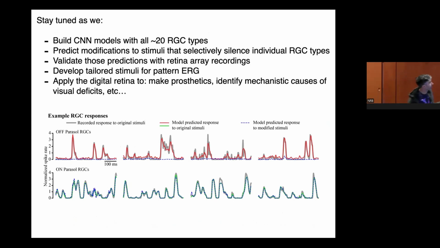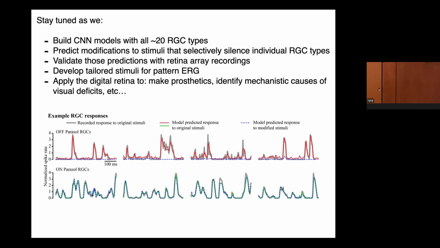There's tons of work to do in this space. Among other things, we need to validate that these model predictions are accurate for the modified stimuli. So go back to the MEA recordings and show that when we show the one movie or the other, we really do only change the activity of one cell type and not all the others.